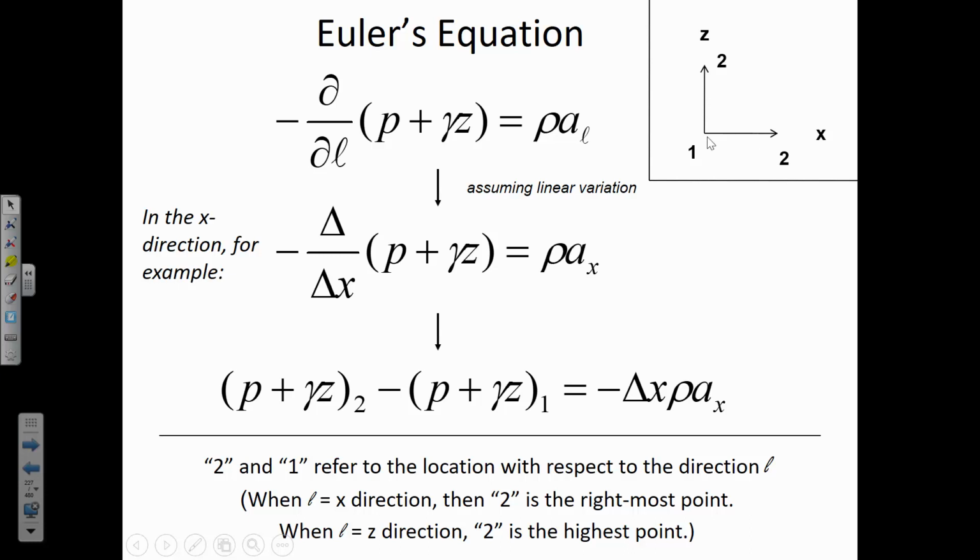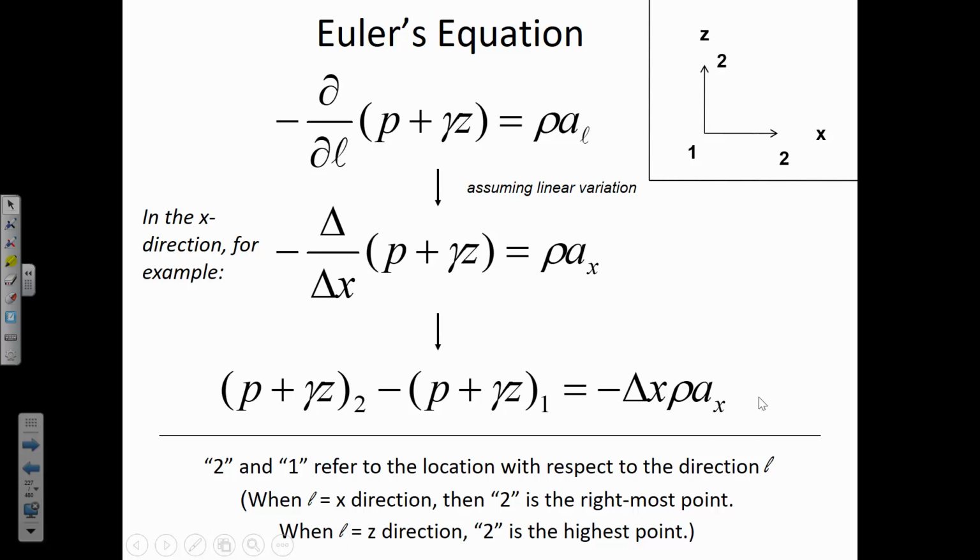So here's a coordinate system that's showing if x is the horizontal direction, then location 2 would be whichever of the 2 points of interest in the x direction is furthest to the right, and you'd assign location 1 to the point that is further to the left. And if we were working vertically, then 2 would be whatever's higher than location 1. And we'll get some practice assigning that, but unfortunately, if you mix it up, if you get 2 and 1 accidentally switched, then you'll get an error in applying Euler's equation.